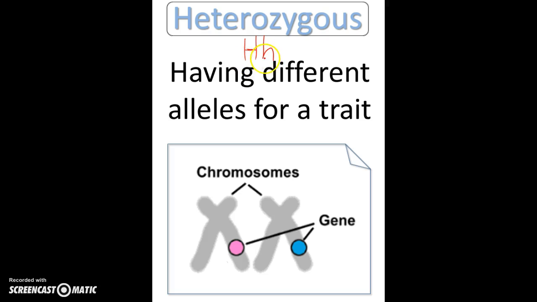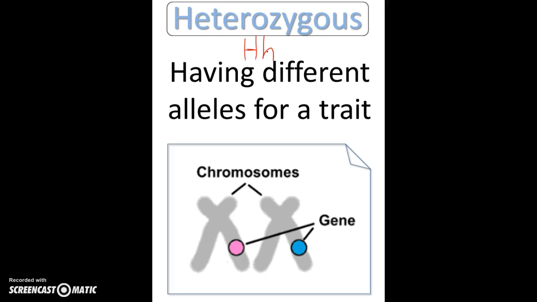It's 2 different alleles. That's what homo and hetero means. Homo means same, hetero means different. So if you can associate it with that, it'll help you remember that because it's something you know. That's what you should always do with stuff with science, is try to relate it to something you know to help you remember. Okay? So right now we know dominant, we know recessive, we know homozygous, we know heterozygous.